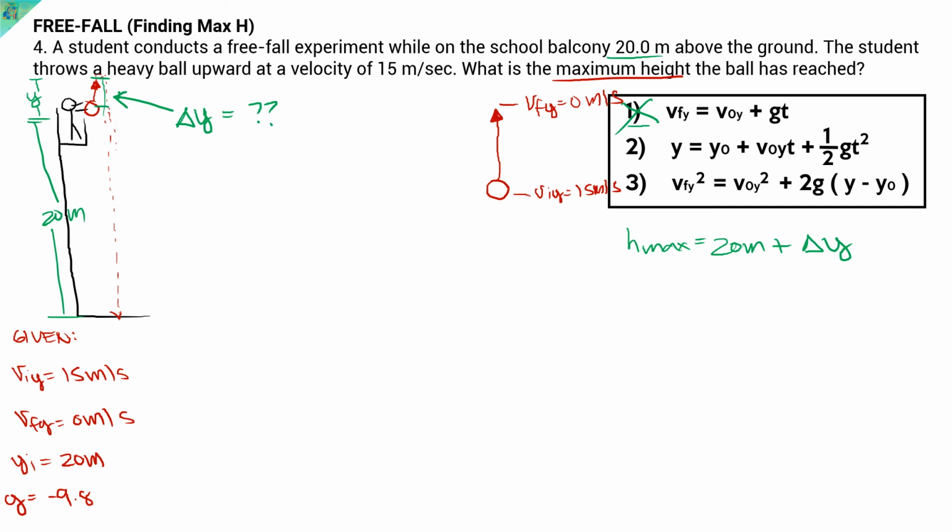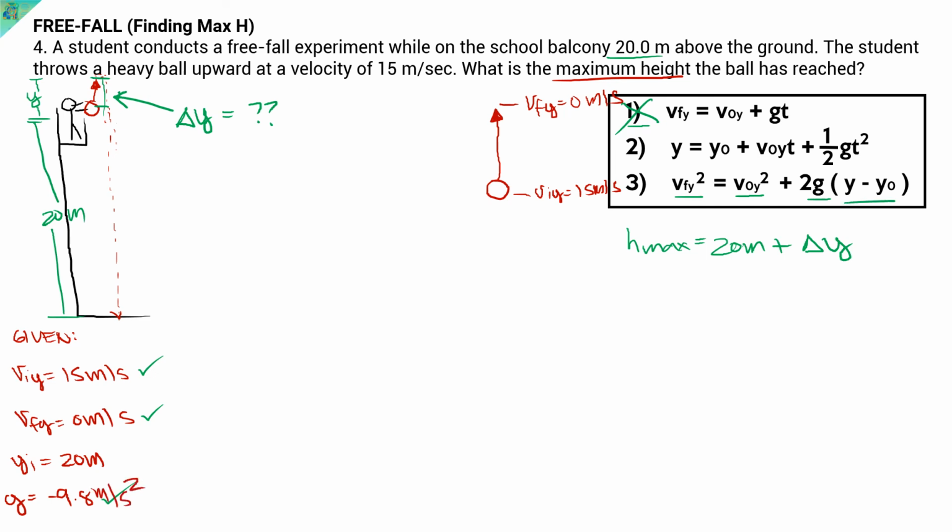So for equation number 3, we have final velocity squared here, initial velocity squared, plus 2 gravity delta y. Okay, do we have final velocity given? Yes, that's 0 meters per second. Initial velocity, yes, that's 15. Do we have gravity? Obviously, 9.8 meters per second squared.